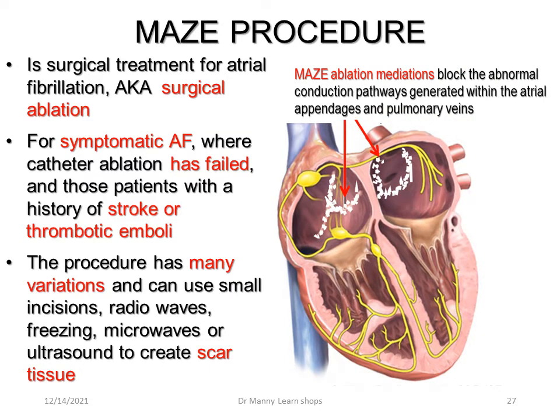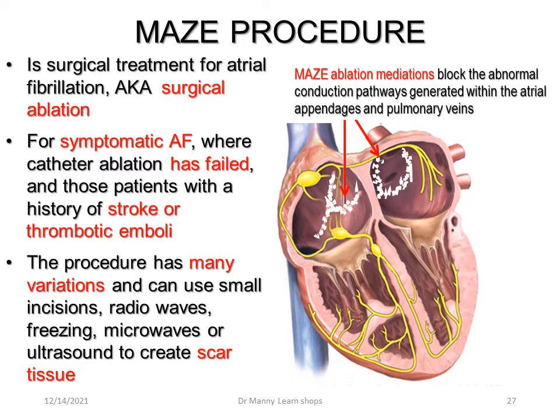So what you end up seeing then is the Maze ablation lesions. The scar tissue blocks the abnormal conduction pathways, and these are generated within the atrial appendages and around the pulmonary veins. So therefore, we hope that the heart continues its normal conduction through its normal pathways.